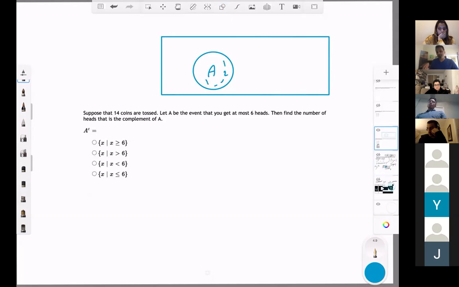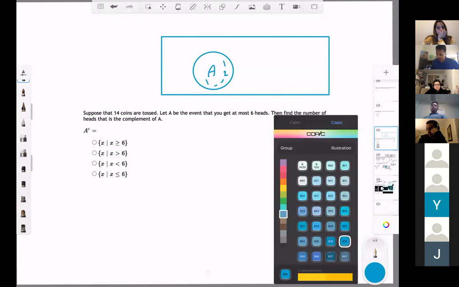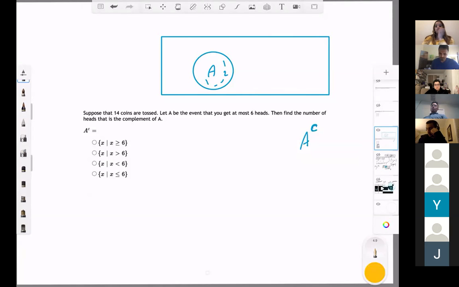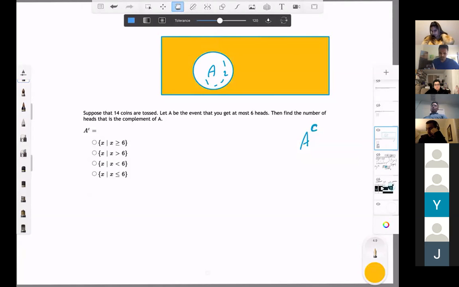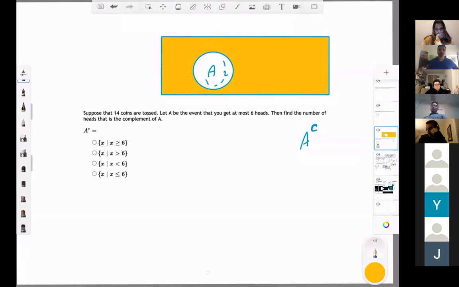And the complement, whose notation is C as an exponent, will be everything not A. So the complement of A will be this. I cannot be more artistic than this. It's everything not A. Good.